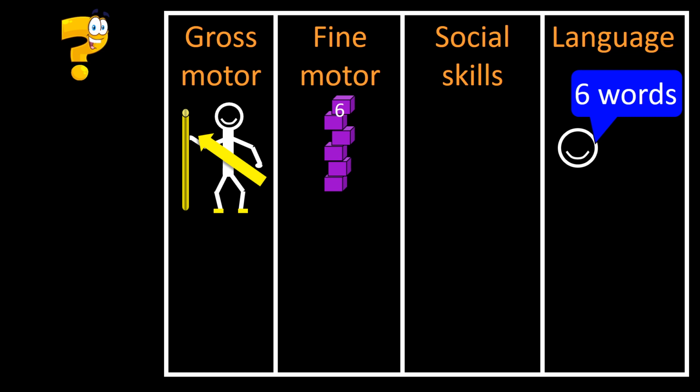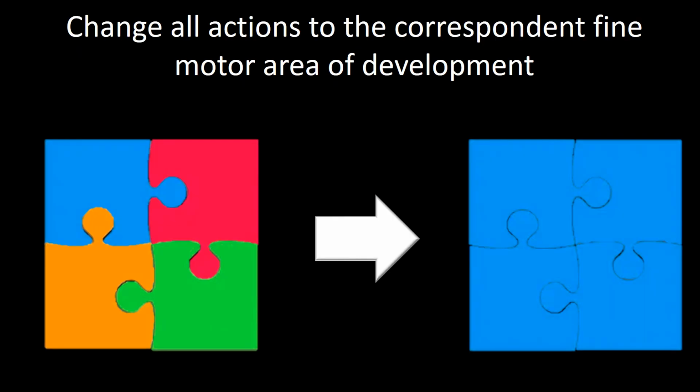Since, as you can see, they are all in different developmental areas, the next step is to arrange them in the same developmental area. Usually, we do this by choosing the developmental area with more milestones as the axis, in order to work with as few factors as possible.